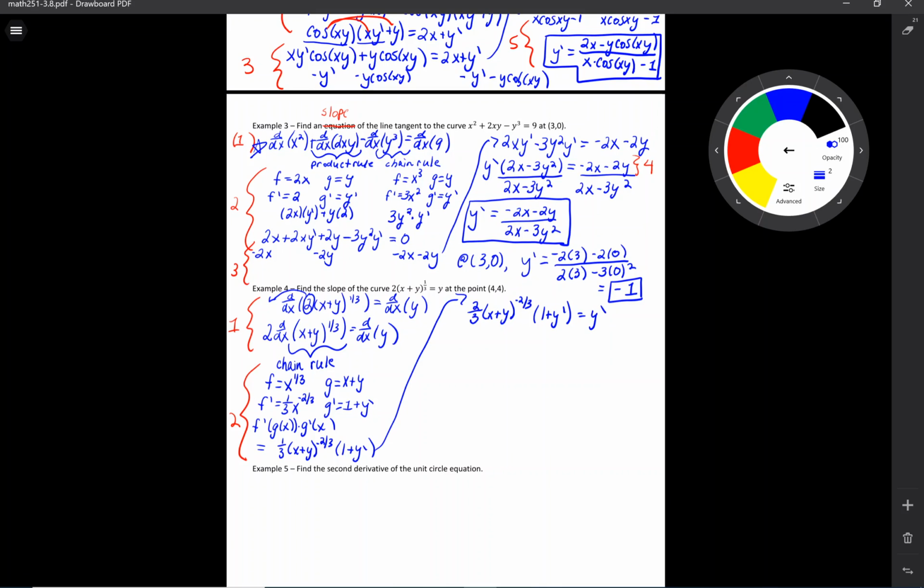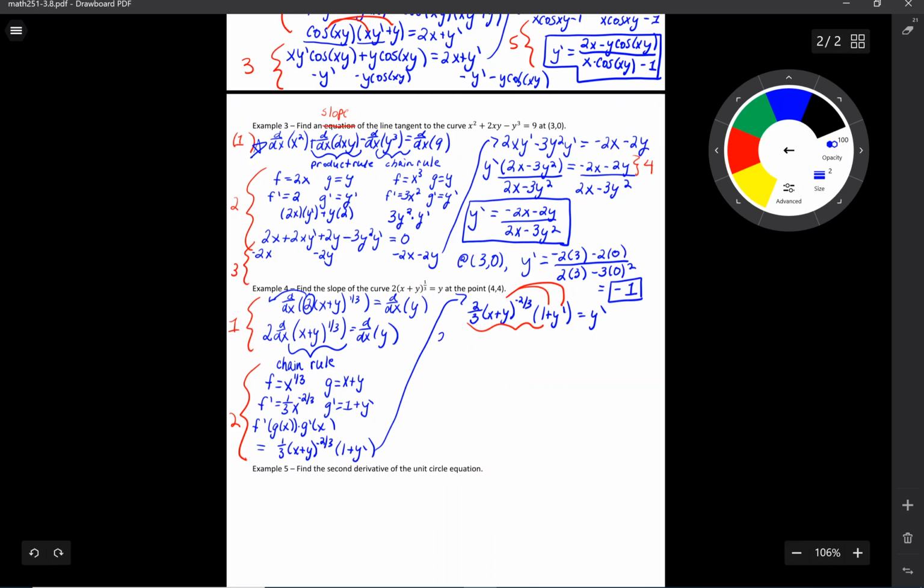Now I'm going to have to multiply out the left-hand side in order to see which term has a y prime on it and which term does not. So I'm going to multiply all of this by 1 and then by y prime. When I multiply it by 1, it's just itself.